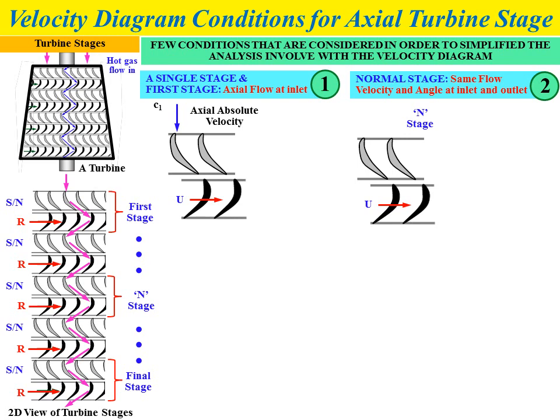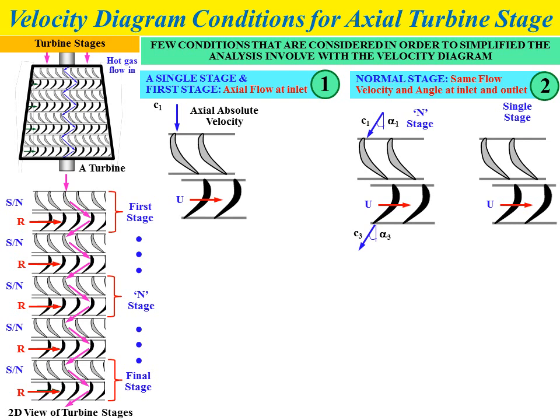For example, for the end stage, we have C1 absolute velocity with alpha 1 absolute angle, and at the outlet of the stage, C3 with alpha 3 absolute angle. So for the normal stage condition, the value of C1 will be equal to C3 and the angle alpha 1 will be equal to the angle alpha 3.